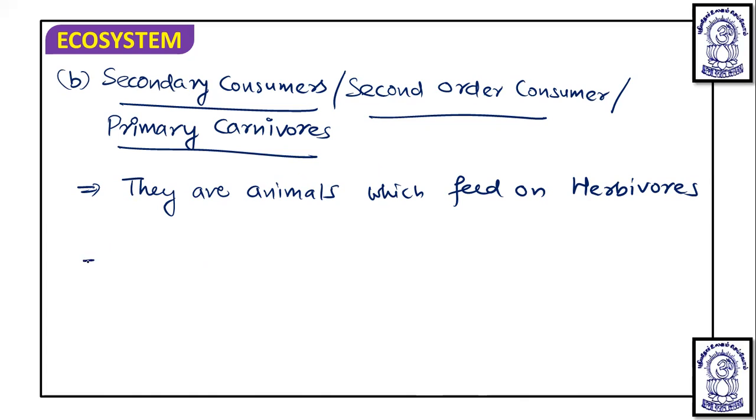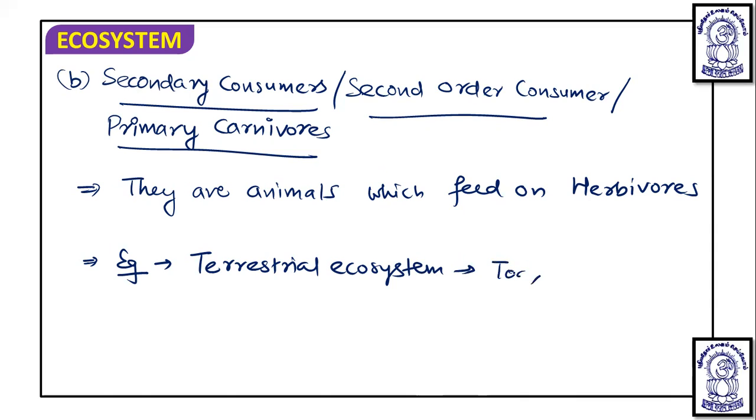If we talk about examples of the secondary consumers, in the terrestrial ecosystem they are toad, spiders, lizards, centipedes, and insectivorous birds.